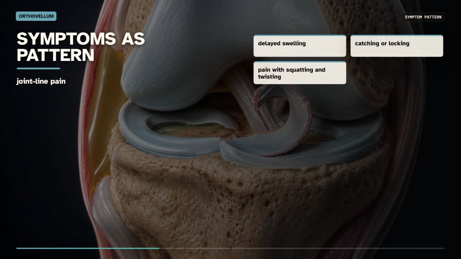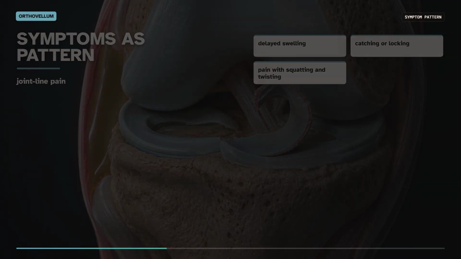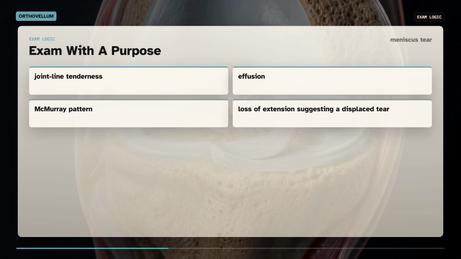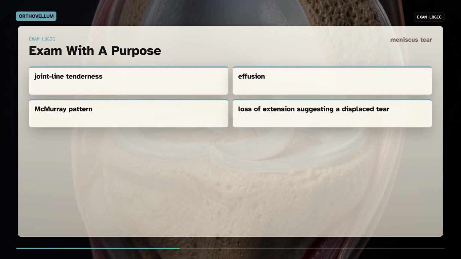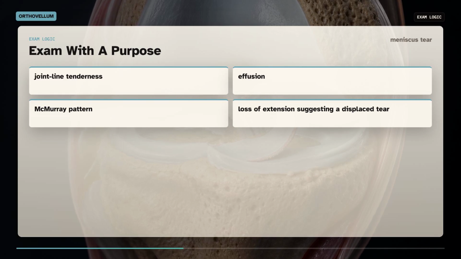The best history is not a questionnaire. It is a map of what loads reproduce the problem, what settles it, and what function is disappearing. The exam should not be random. For this topic, deliberately check joint line tenderness, effusion, McMurray pattern, and loss of extension suggesting a displaced tear. A good exam separates pain from weakness, stiffness from fear, and joint disease from referred pain.